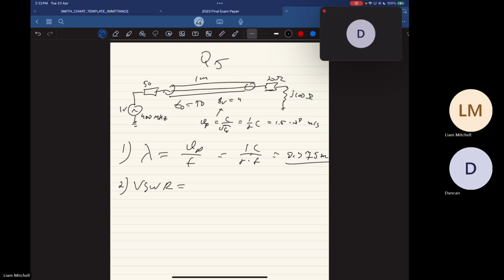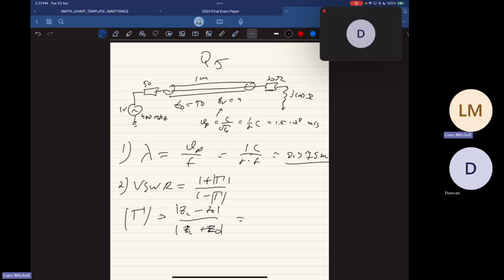VSWR is 1 plus gamma over 1 minus gamma, and gamma is amplitude. What's gamma? The gamma amplitude is Z load minus Z naught over Z load plus Z naught, and the whole thing is amplitude. We know Z load, we know Z naught.